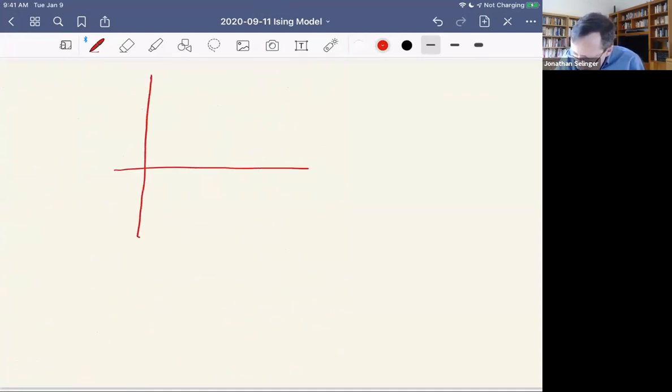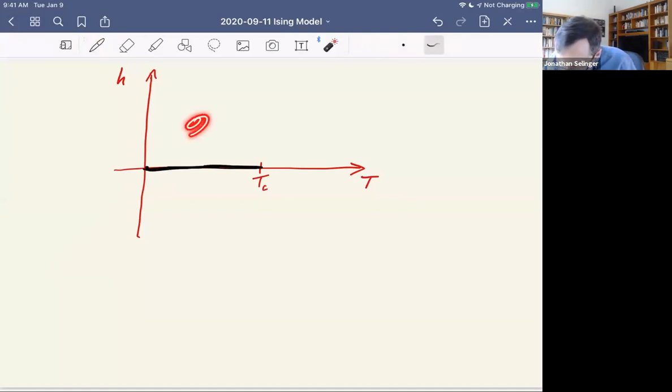Okay, so here is temperature, there is magnetic field. Okay. And then I'll label this point as TC. So if we plot what we just were looking at, we can see there's a discontinuity all along this line. Up here is where we have the positive order parameter.